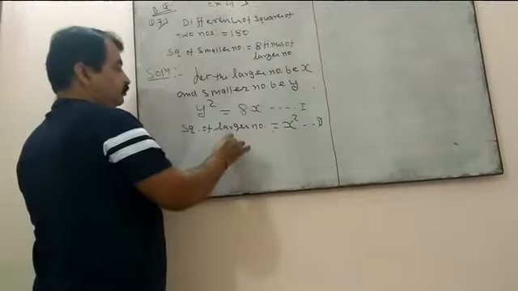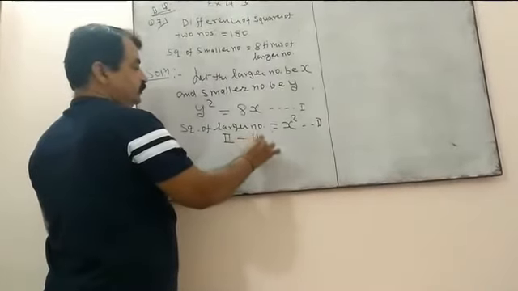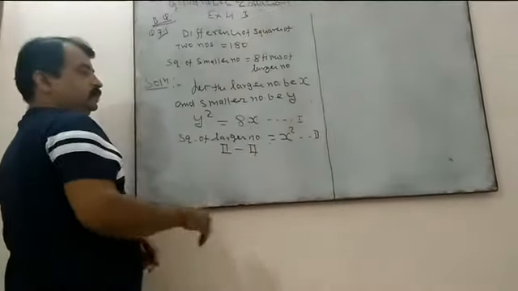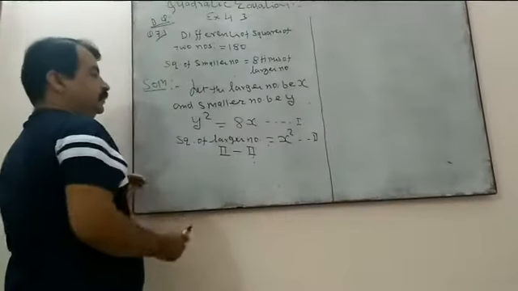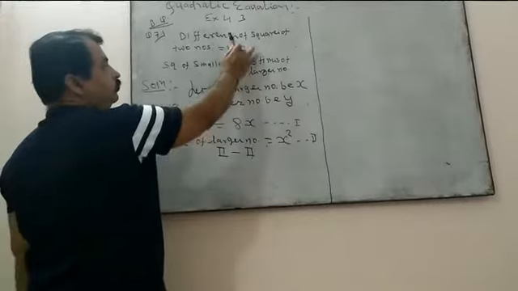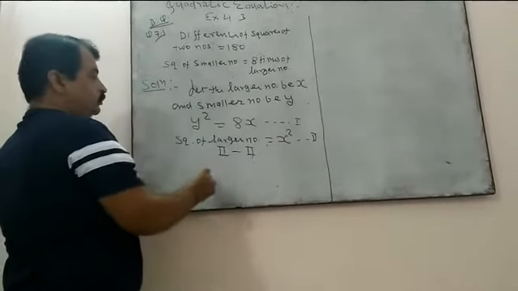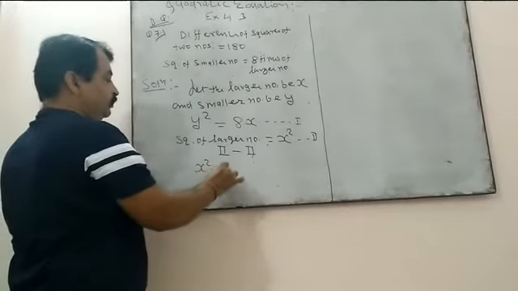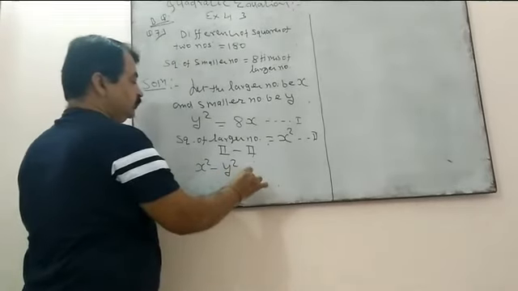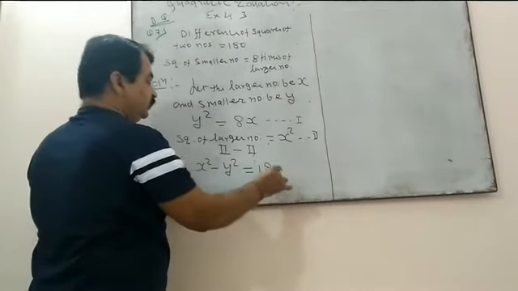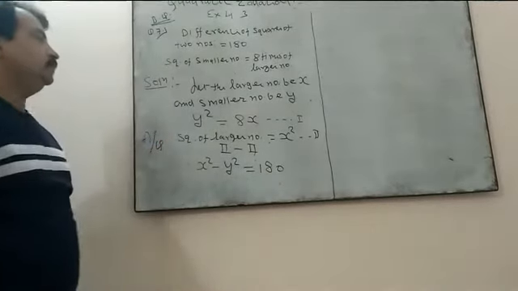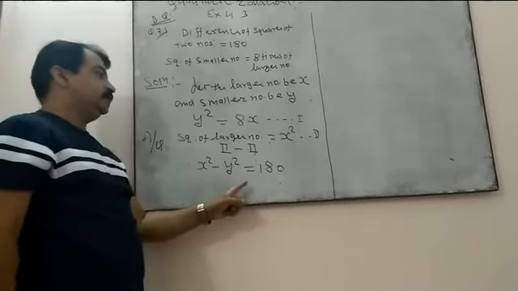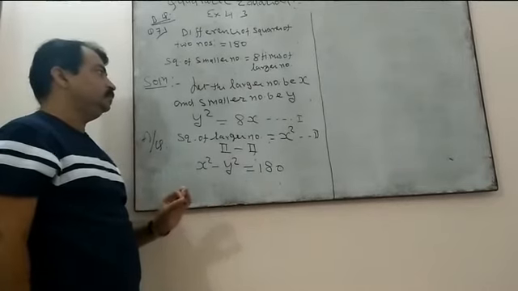So definitely equation 2 minus 1, because 2 is the larger square minus smaller square, is equal to 8x. Equal to 180, right? So x square minus y square equal to 180. This is according to the question. Is the statement clear? I hope so.